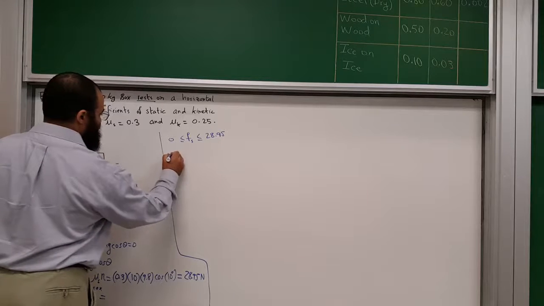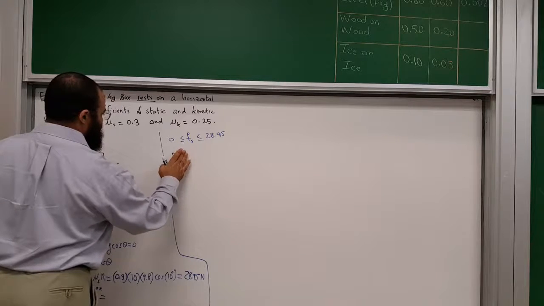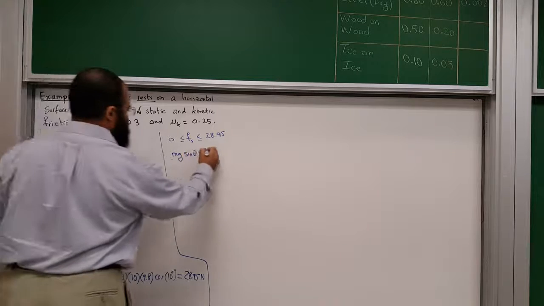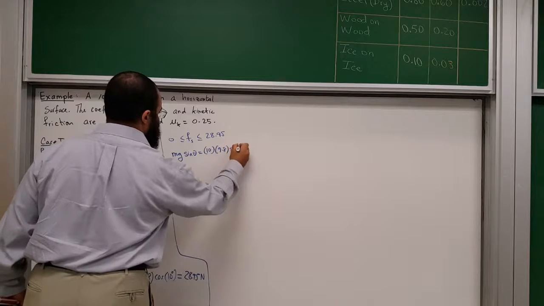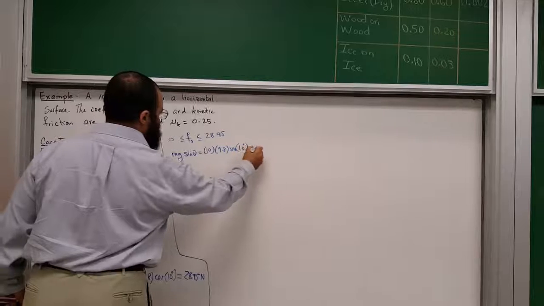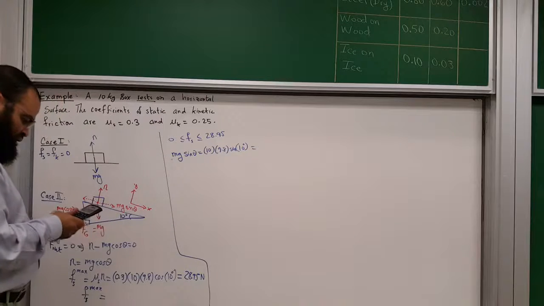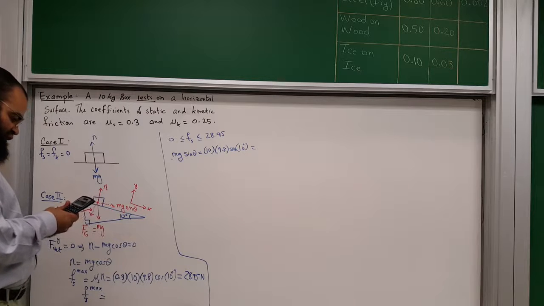It will equal, the mass is 10, g is 9.8 times the sine of 10 degrees, so that equals 10 times 9.8 times the sine of 10 degrees.